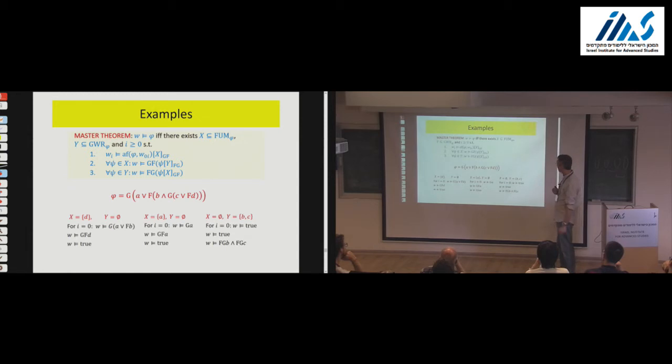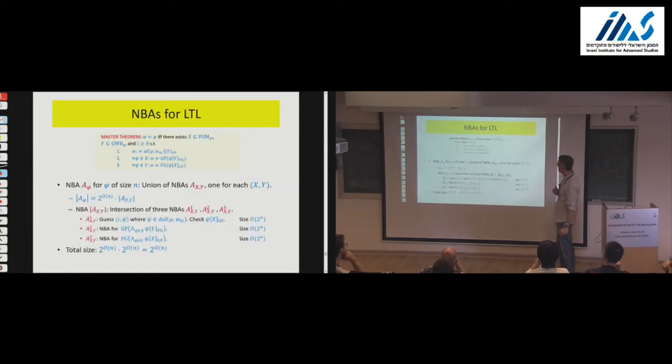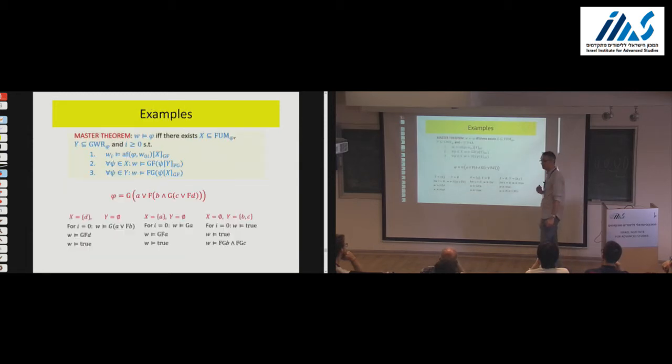So I think I have just 5 minutes. This is a relatively good moment to stop, because then what are we going to do tomorrow? The idea is that the problem of computing NBAs of exponential size for arbitrary formulas can be solved using this, and only using the constructions that we have seen at the beginning of this lecture.